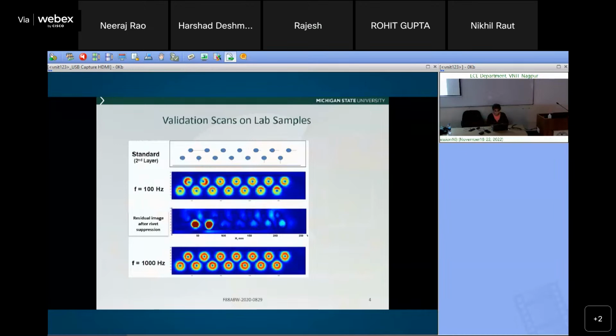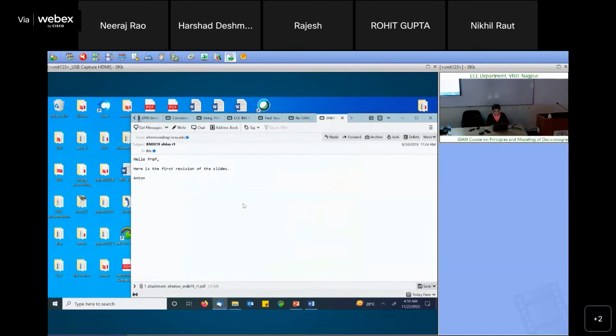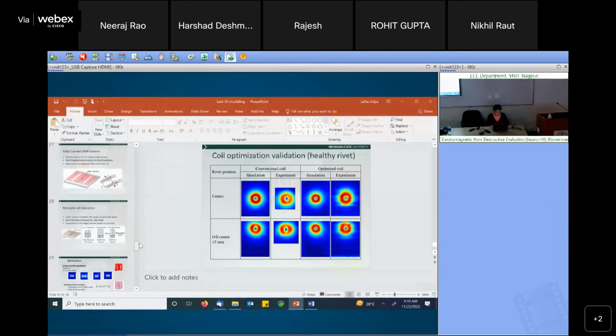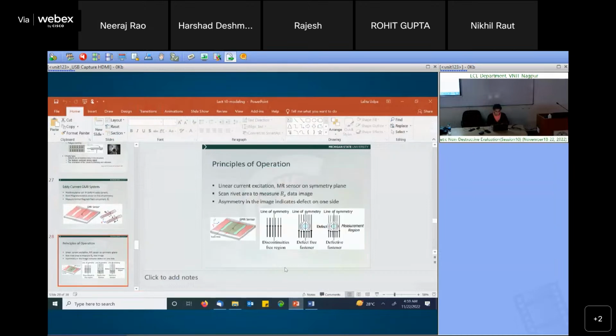Let me go back to that. If you look at how the probe works, why it's like this, right?